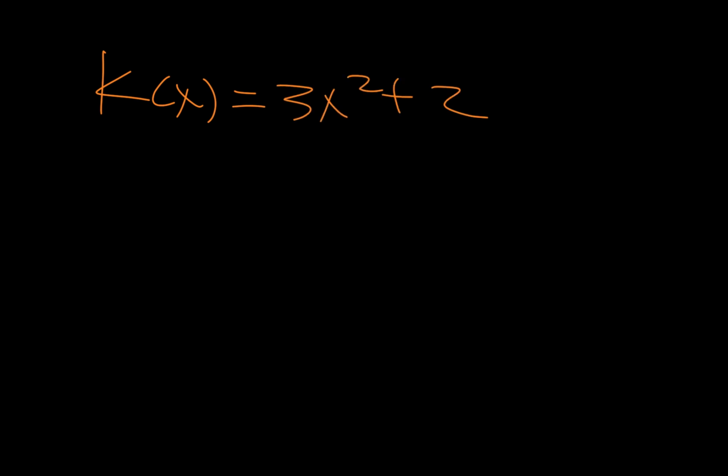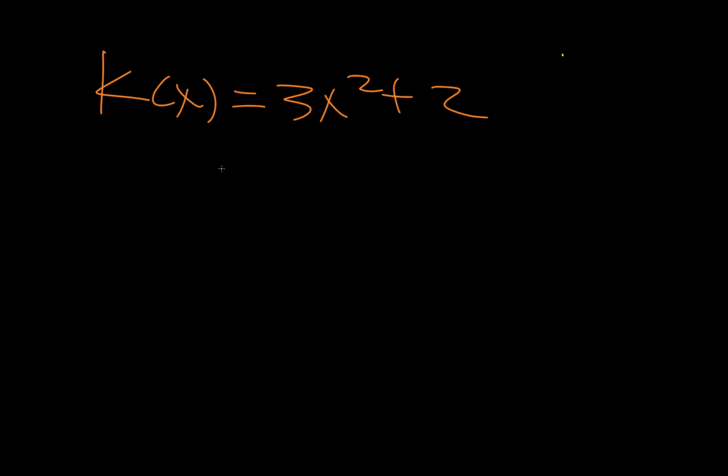Okay, so a problem where this would occur, so we have k of x equals 3x squared plus 2. We're going to restrict the domain and say that we only want the positive side of what's going on. So you really don't need to state that or anything.